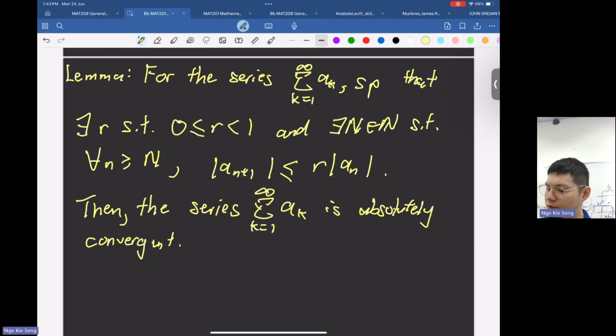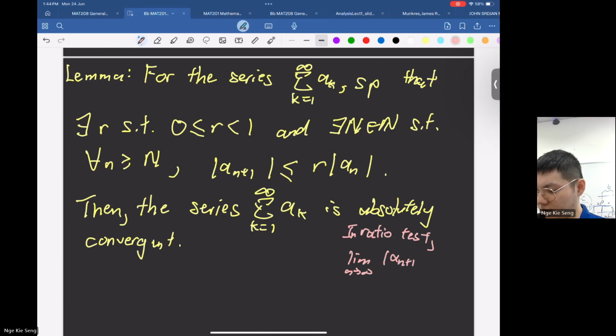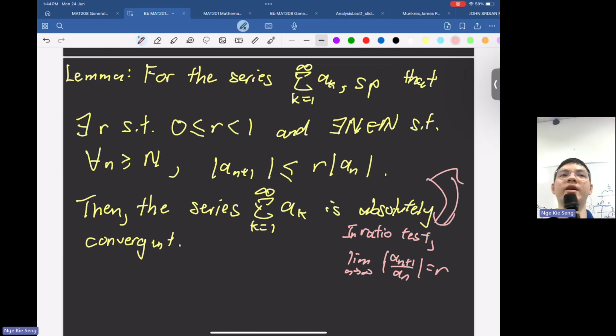What you can see here is that this is quite close to our ratio test statement already, right? But in the ratio test statement, you have a limit like this. So the difference is here. Later we need to do some adjustment to deal with this limit.